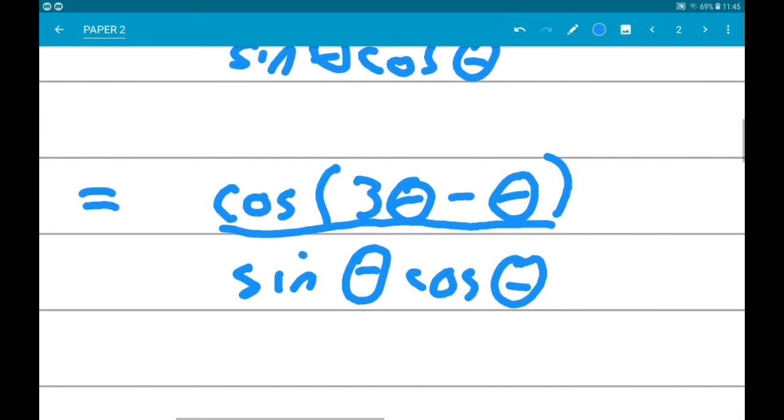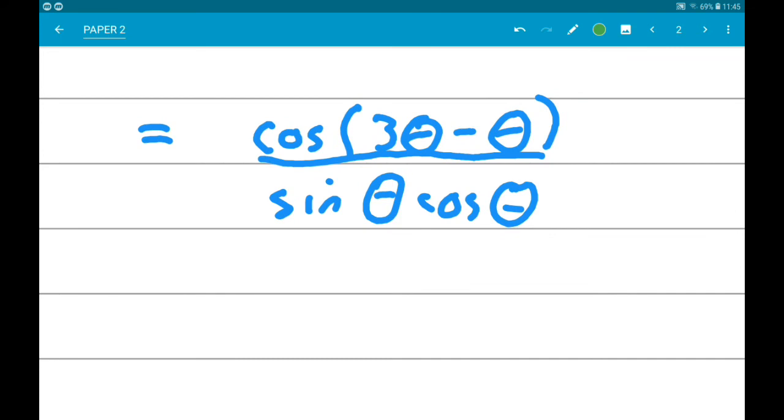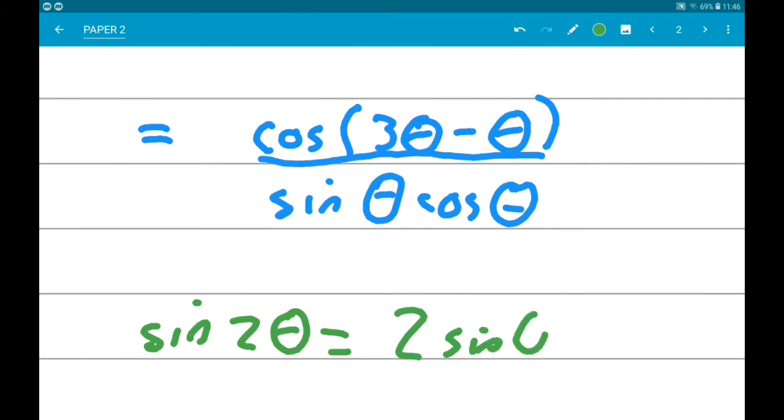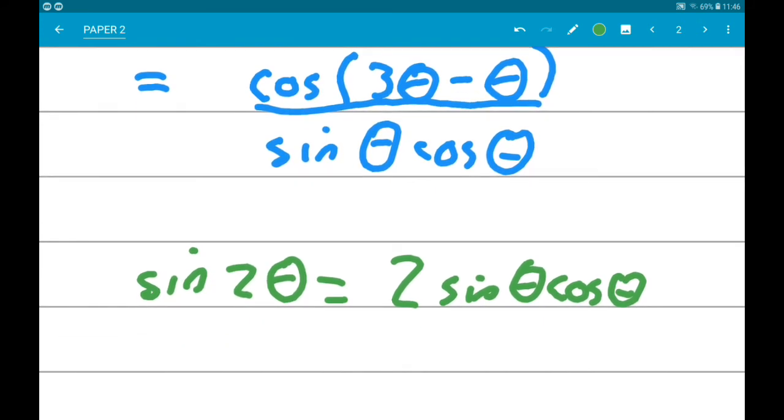Now, for the bottom, we need to remember that sine of 2 theta is 2 sin theta cos theta. So, sin theta cos theta is 1/2 sine 2 theta.